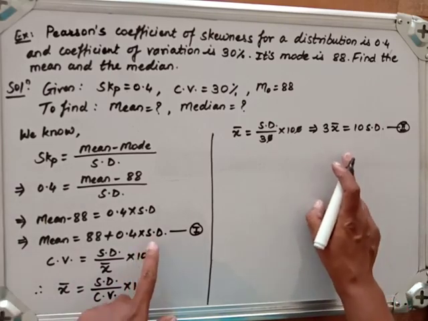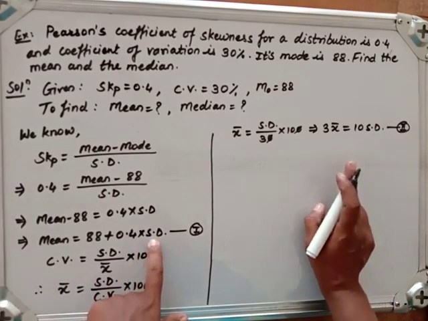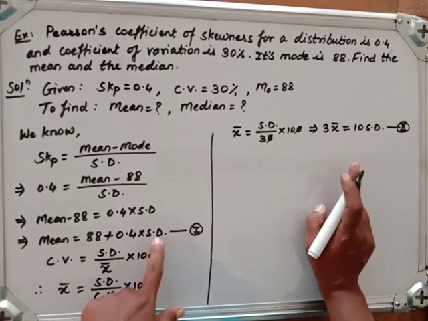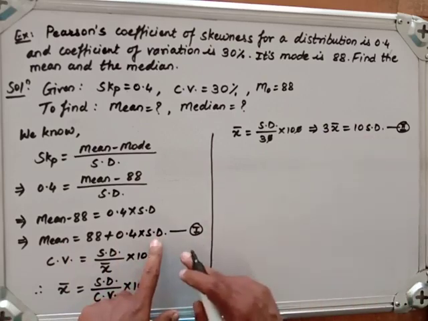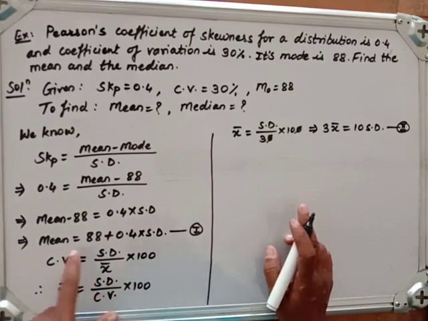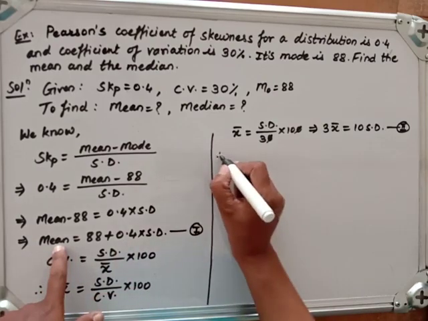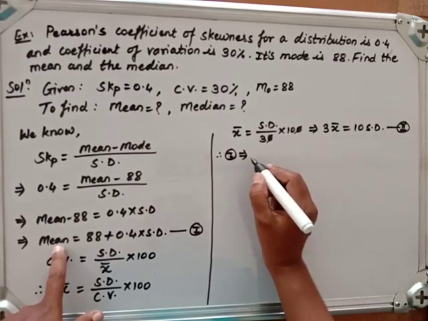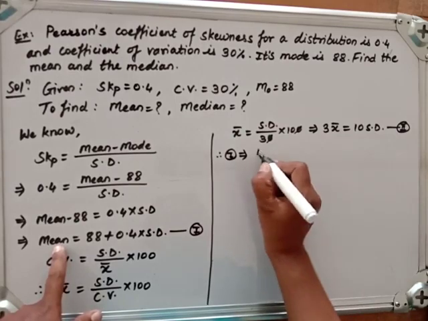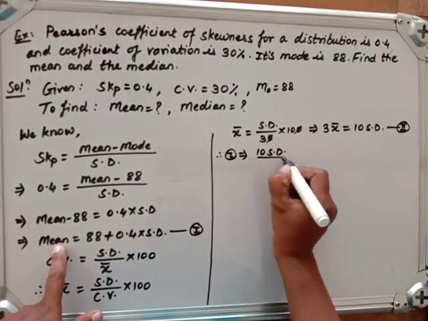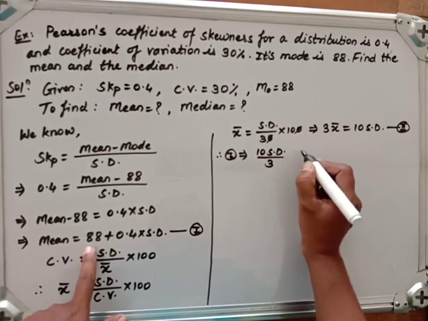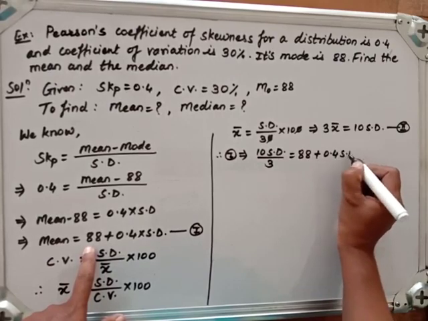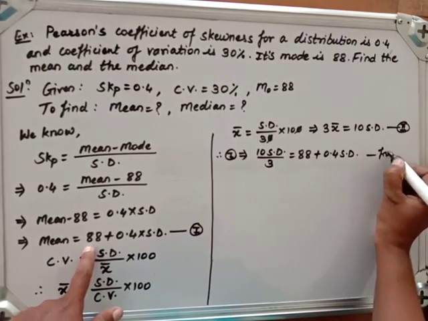So here the value of mean I can write in terms of standard deviation, or standard deviation I can write in terms of mean also. Both the things are possible. Therefore equation 1 becomes, from 2 we can write, mean as 10 times standard deviation upon 3, equal to 88 plus 0.4 times standard deviation.